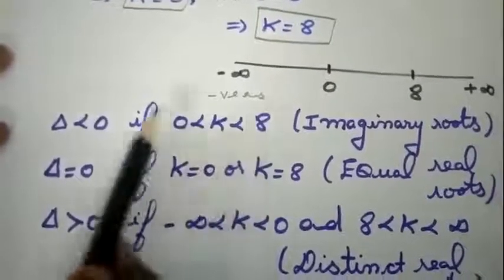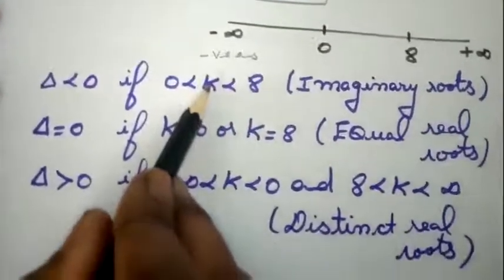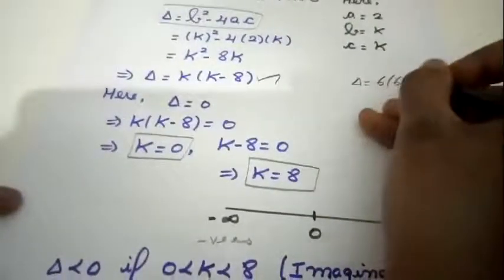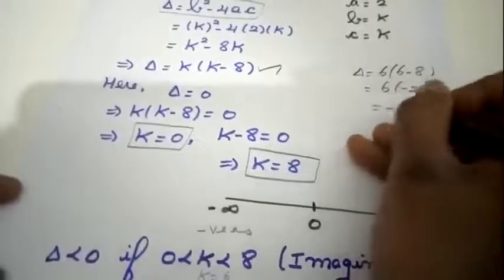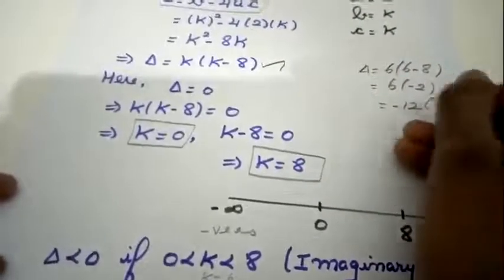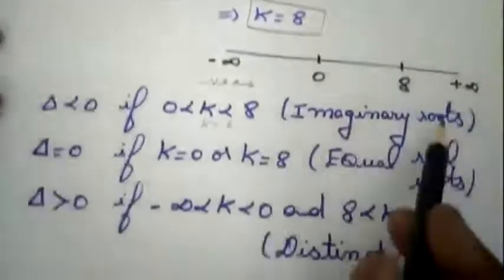Whatever value you take from 0 to 8, suppose I take k = 6 and substitute: delta = 6(6 - 8), that is 6 times minus 2, equal to minus 12. The number is not important; I am checking only the sign, and I am getting a negative answer. So I am getting imaginary roots.